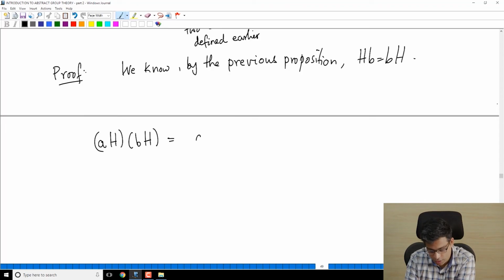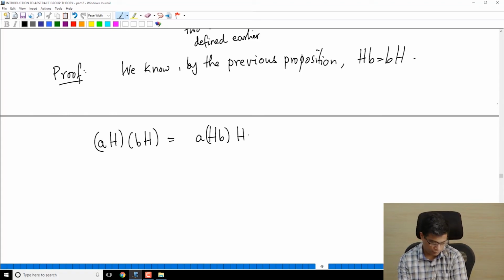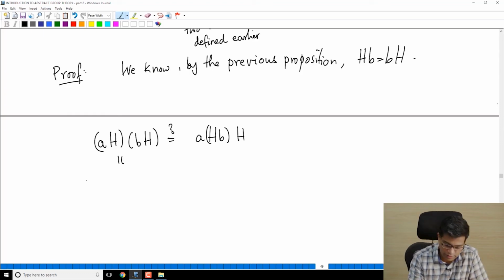Because of associativity, I can write this as A times HB times H. Why is this? It might be useful to actually write down what AH times BH is. You take something in the left coset AH, it is of this form, and you take something here, BH prime. So you take this as you vary h and h prime in H.